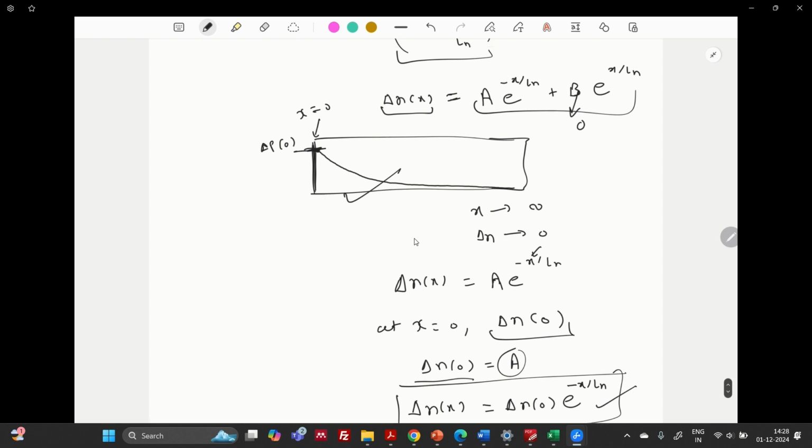After a few Lp, say this is Lp, this is Lp, after 3 to 4 Lp this is almost going to become negligible. So this is the meaning of your diffusion length: the average distance after which there won't be a minority carrier, it will recombine.